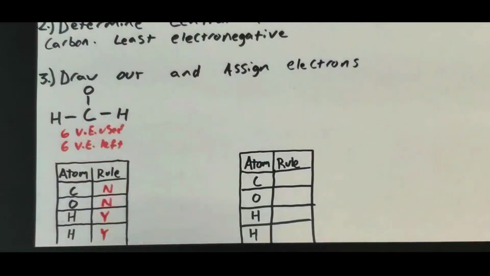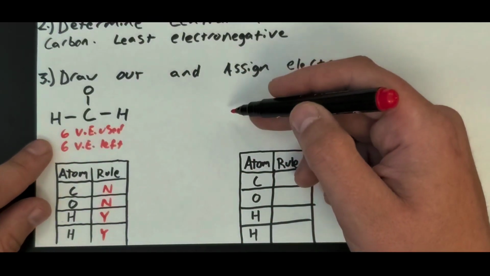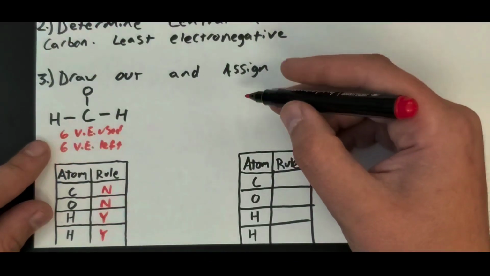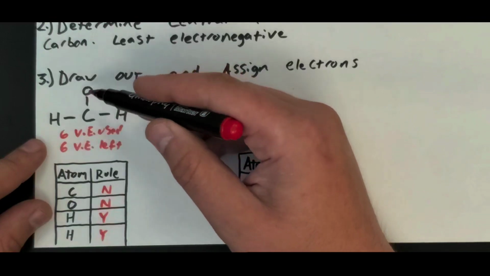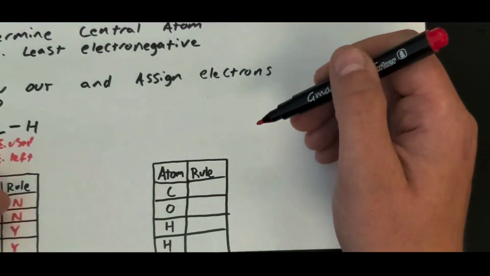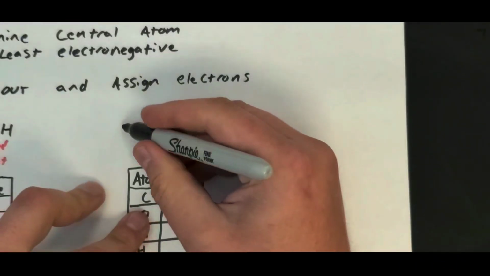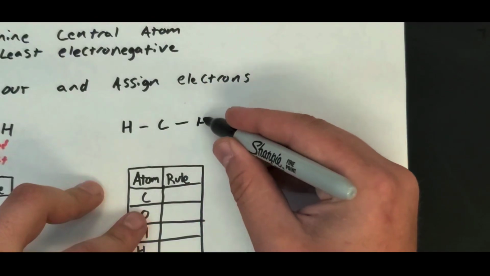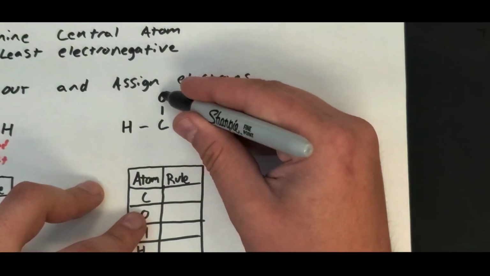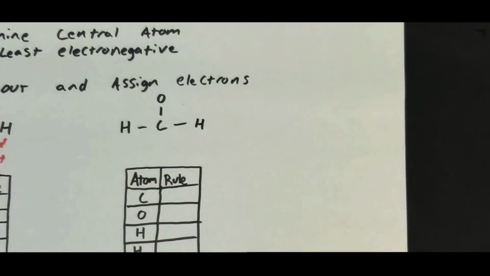So we're going to draw this again, but we're going to add in our valence electrons, and that's going to go to the periphery atoms first. So we have H, C, H, O, and we need to put in 6 valence electrons.